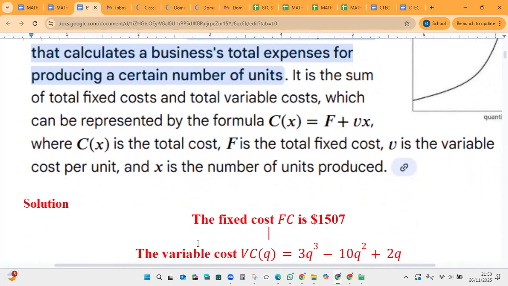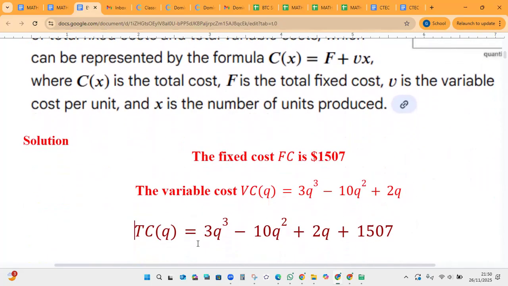As you can see in the solution, based on this information, we identify the total fixed cost, which is 1,507, and the variable cost, VC of Q, which is 3 times Q raised to the third power minus 10 times Q raised to the second power plus 2Q. So we must add these two expressions.